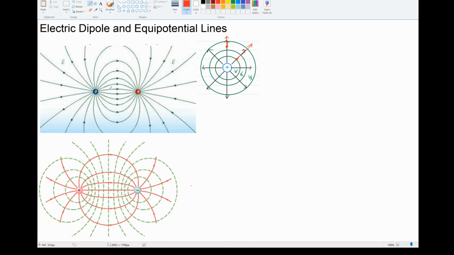So if I was able to put a positive test charge there, we know that it's repelled from the positive charge, and it would go right, almost directly to the negative charge along this path. Similarly, if I was to put a positive charge here, it would be repelled from this positive charge, but it would be attracted to this one, and so it would take this path. You can even kind of picture the animation in your head.